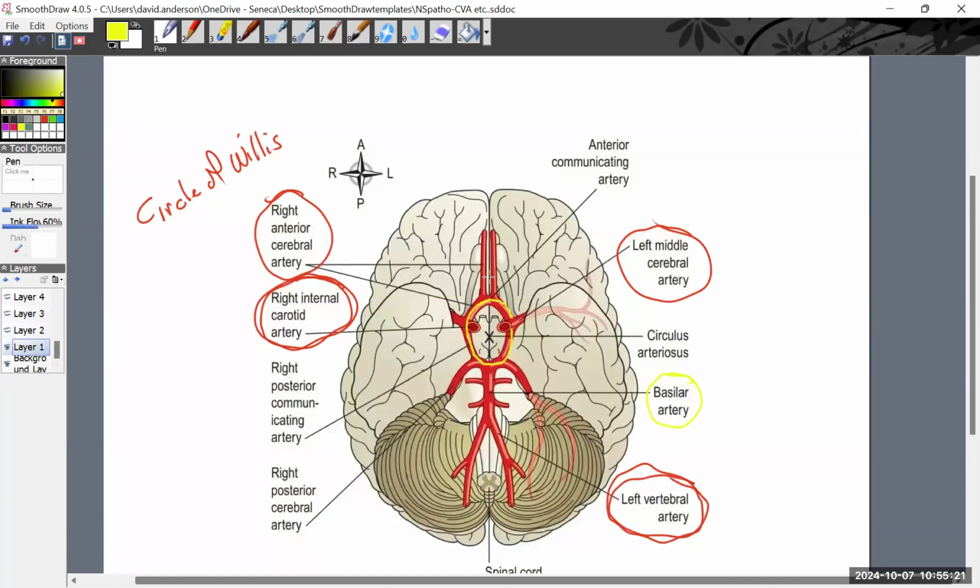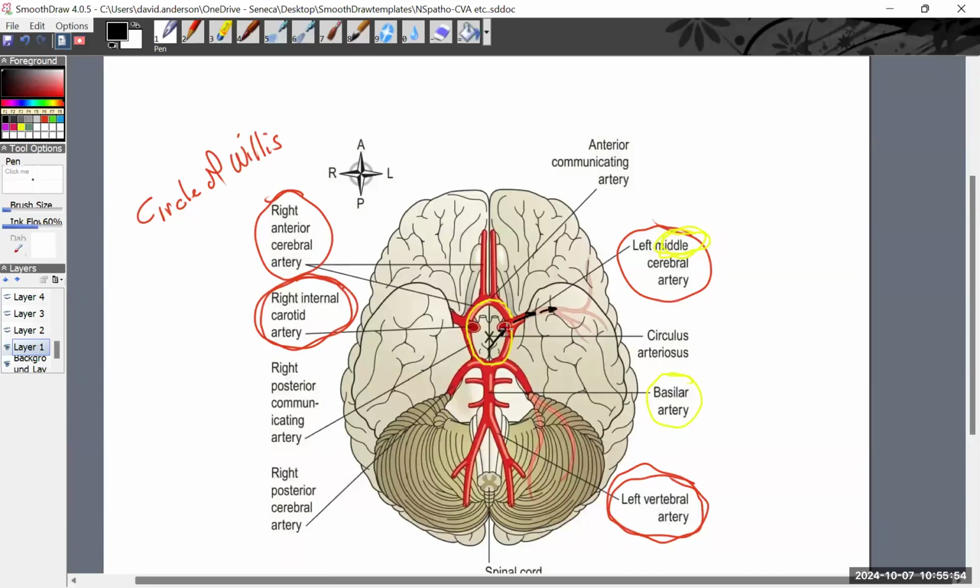If we look at the pathway of blood flow through the internal carotid artery, the natural direction of blood flow, the volume of blood flow is going to pass into the middle cerebral artery. There's no real turn or kink in blood vessel direction from the internal carotid artery to the middle cerebral.